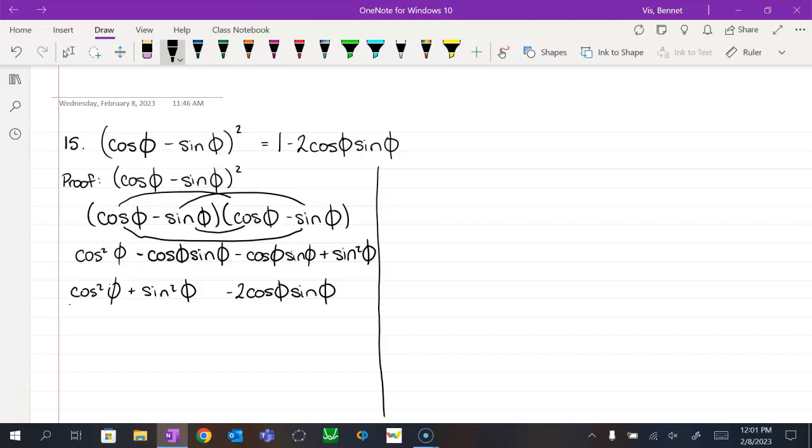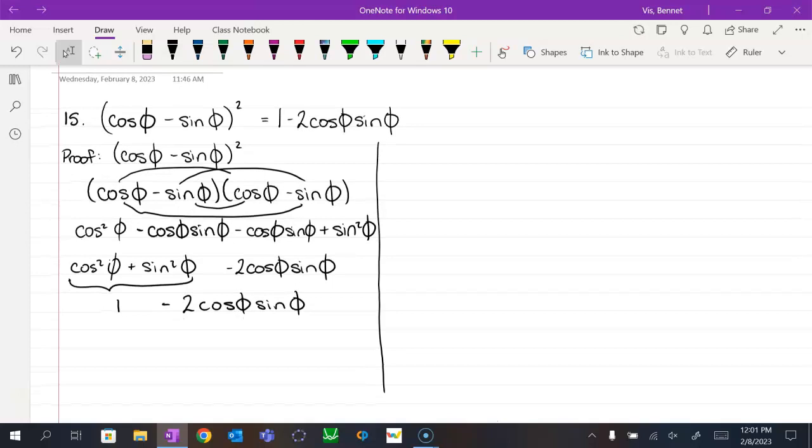But now this, cosine squared plus sine squared, that is 1. I have the minus 2 cosine times sine, and hey, that's what I wanted to show. So I finish it off by justifying.